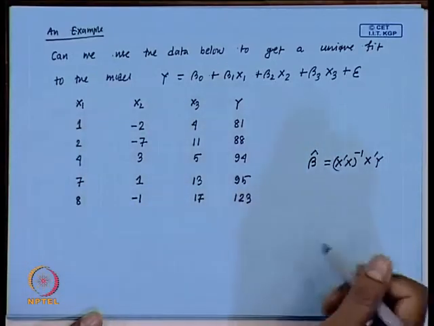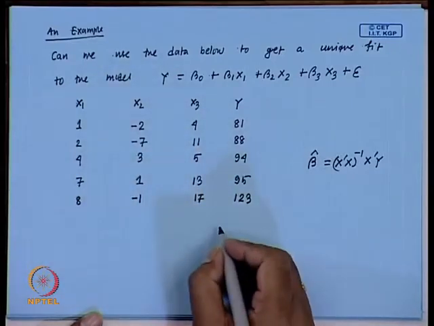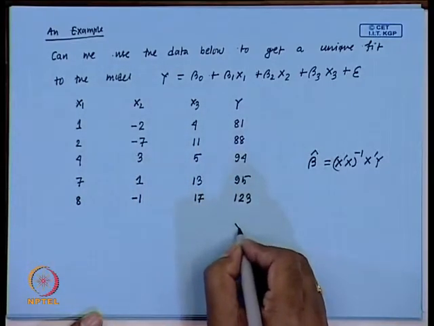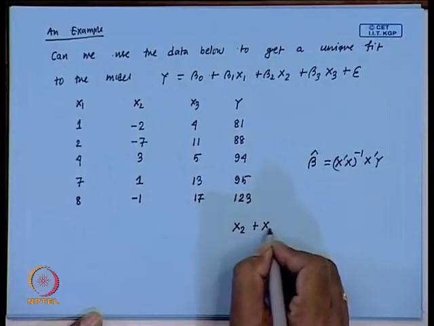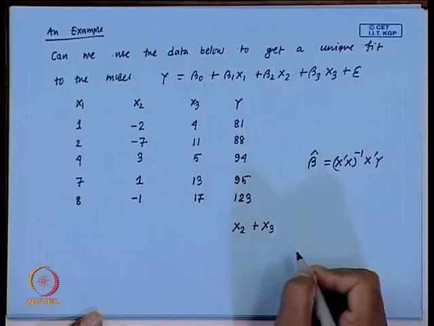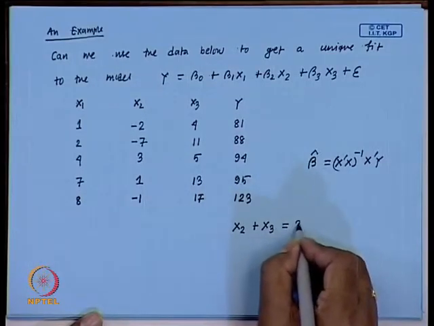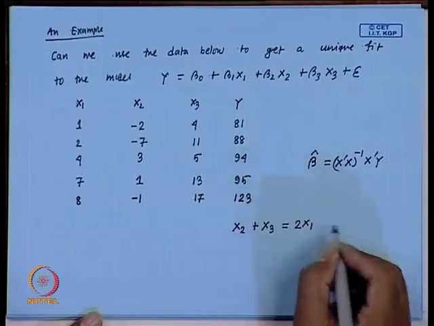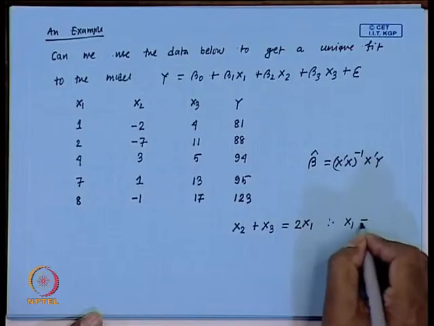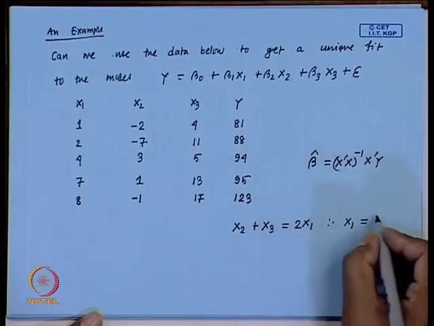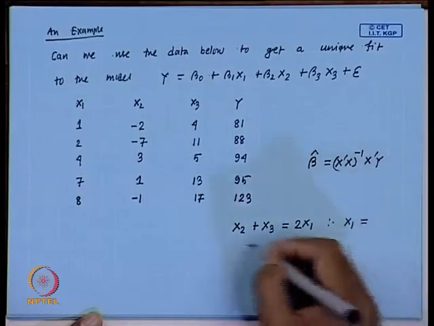So, here the relation between the regressors is x 2 plus x 3 is equal to twice x 1, or same as writing that x 1 depends on x 2 and x 3.